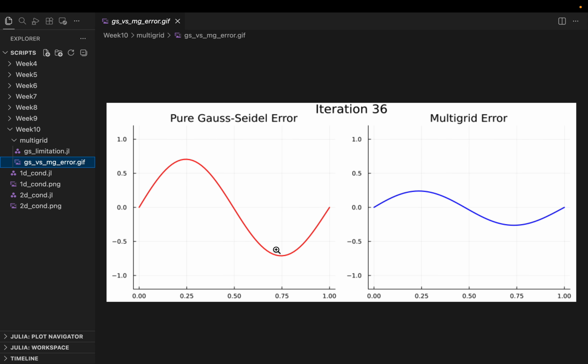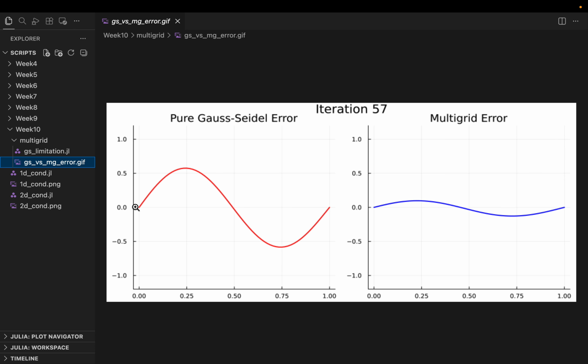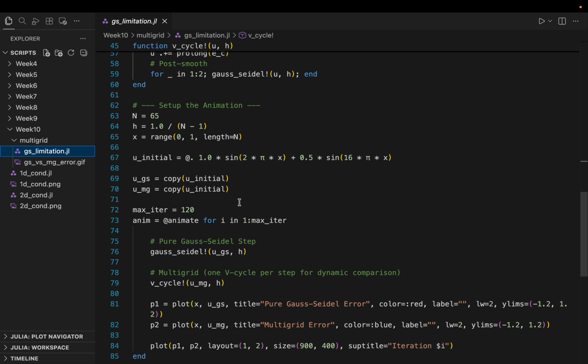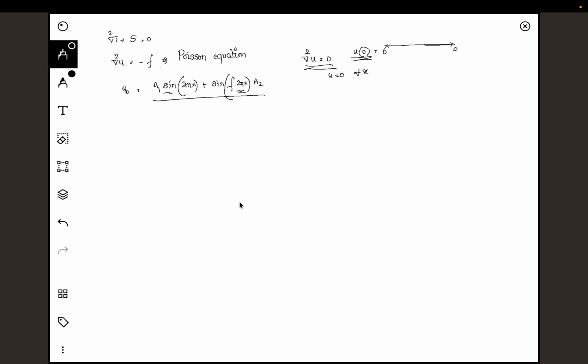So only see the left half of the graph. We will go to the right in a little time. But the idea is these amplitudes that I have given initially are taking more time to dampen out. So what we can infer from this is, in a Gauss-Seidel method, the errors are propagating. I started with a shape which has two different frequencies.